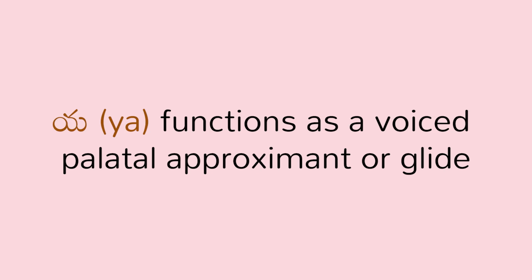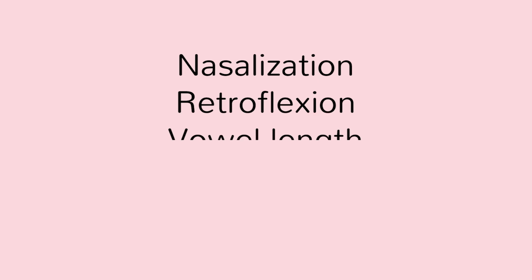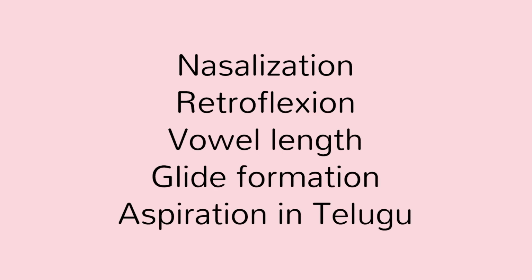Ya functions as a voiced palatal approximant or glide. Ja is a voiced aspirated palatal affricate. Together, these letters highlight key features such as nasalization, retroflexion, vowel length, glide formation, and aspiration in the Telugu language.